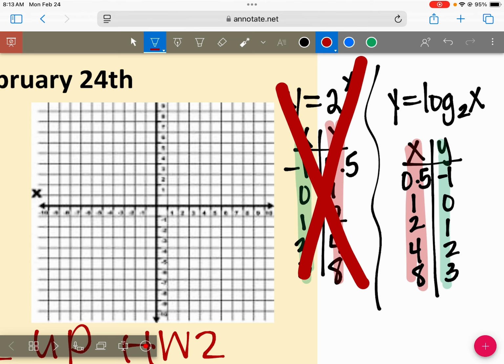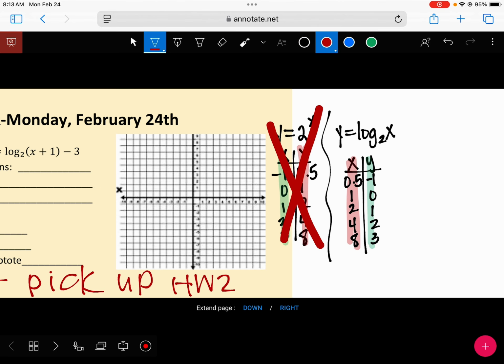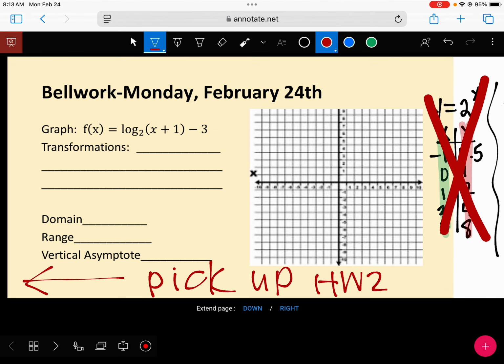All right, so now let's look at this equation here. So the number in front of log is a 1, so a equals 1. What would h be? What is our h value in this equation? Look in the parentheses and flip the sign. So Babacar, what's h?